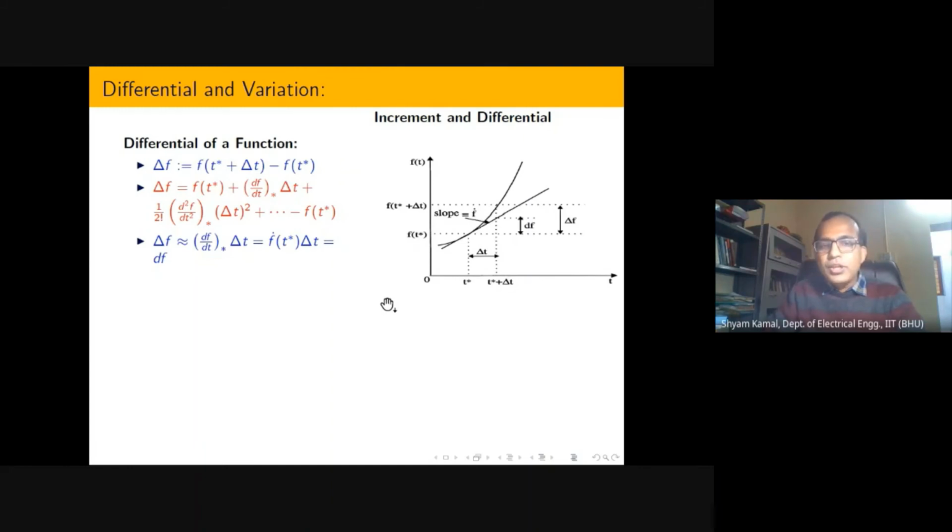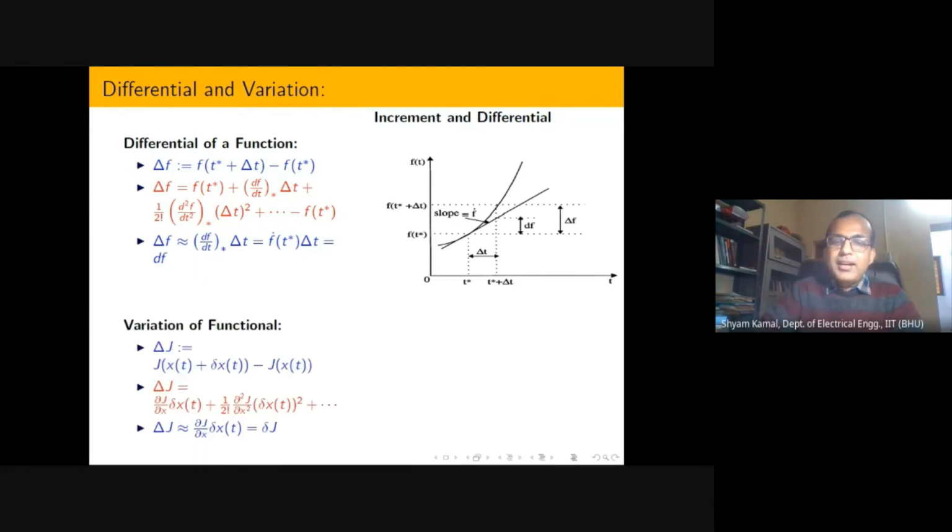Now, are you able to understand the difference between the differential and the differentiation of a function? From this expression, try to see: this is the differential and differentiation is involved here. So this is the relation between the differential and the differentiation of a function.